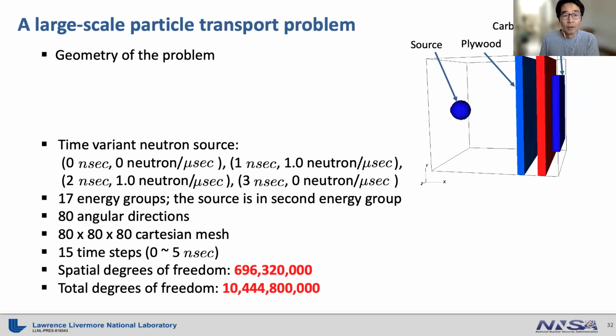All right, we have applied this space-time reduced model to a pretty large-scale problem. This is a Boltzmann transport problem. It is linear, but the number of degrees of freedom is pretty high. For this specific problem, we have 600 million degrees of freedom and 10 billion total degrees of freedom if you include the temporal degrees of freedom also.